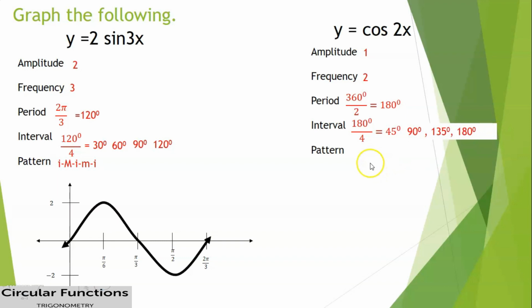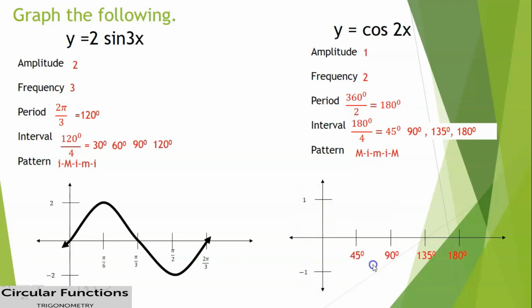For the cosine graph, the pattern is maximum, intercept, minimum, intercept, maximum. So graphing this, amplitude is 1, negative 1, interval is 45, 90, 135, 180. Take note, you can extend infinitely to the right and to the left. So you can extend this farther.